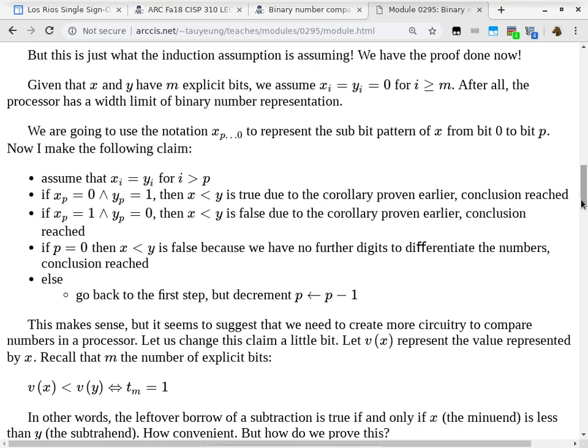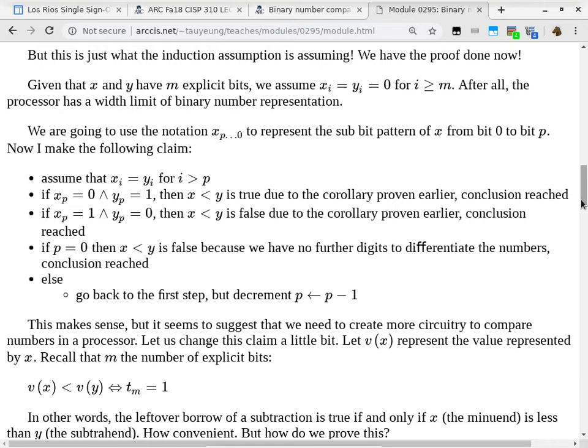Given that x and y have m explicit bits, we assume xi equals yi equals 0 for all the i that are greater than or equal to m. What does that mean? That means x subscript m equals y subscript m equals 0. So in the case when m equals 16, where we're dealing with 16-bit numbers, we're basically saying bit 16 of x and y are the same because they're both zeros.